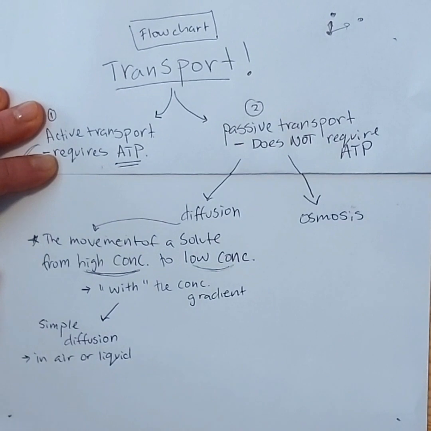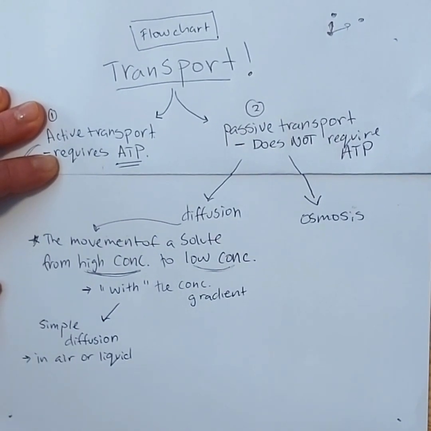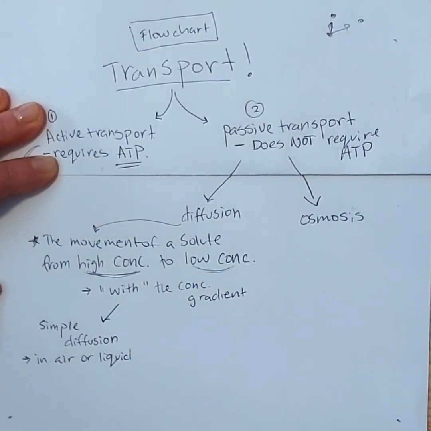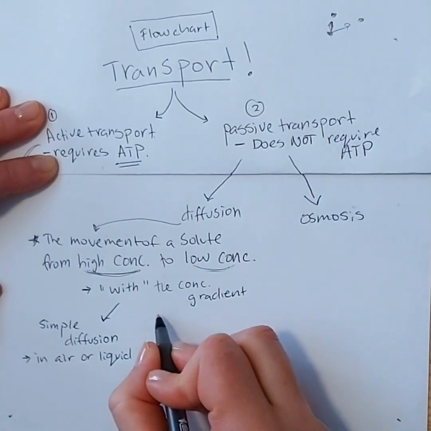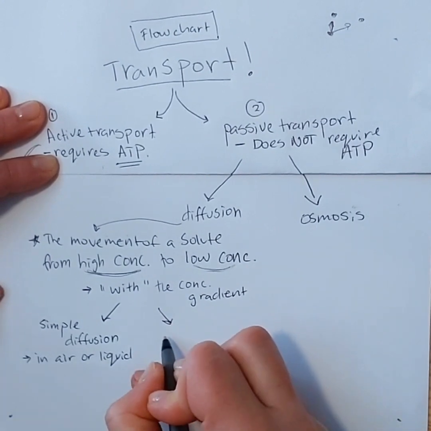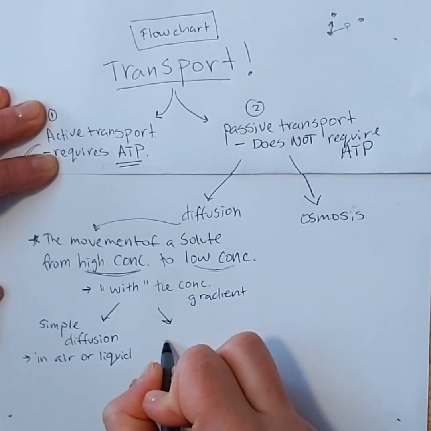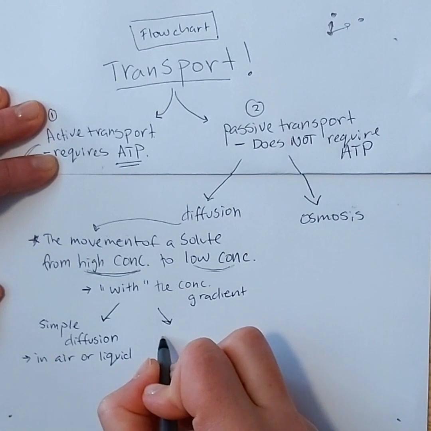Like when you drop a tea bag into a hot cup of water and the tea brews, all of the tea that was concentrated in the tea bag just slowly moves out equally in the water. That's simple diffusion.